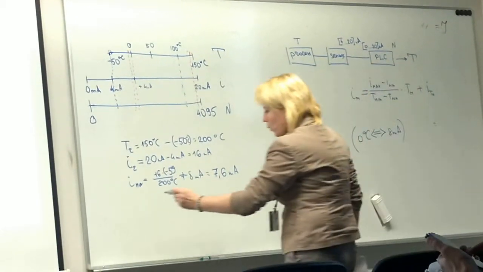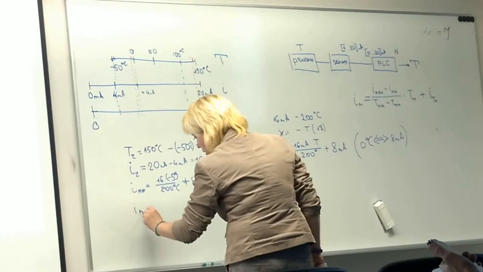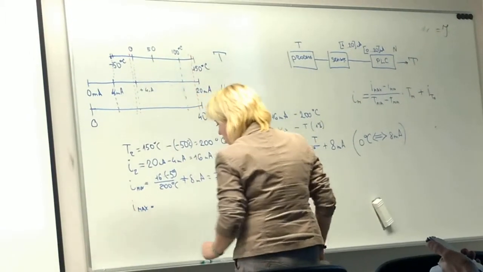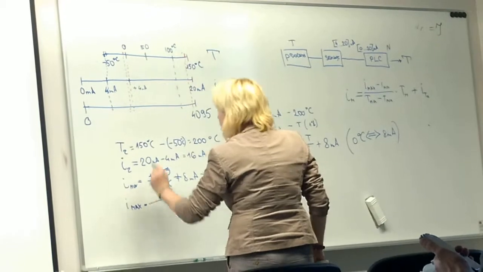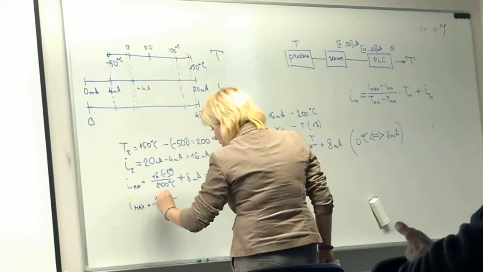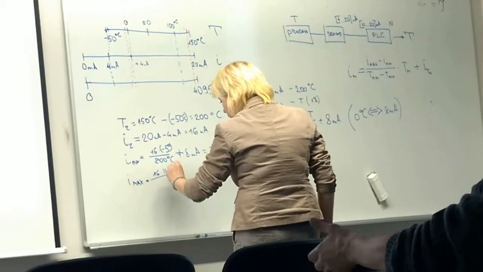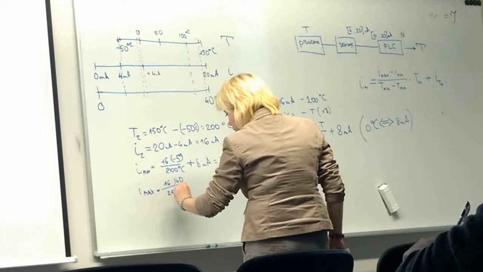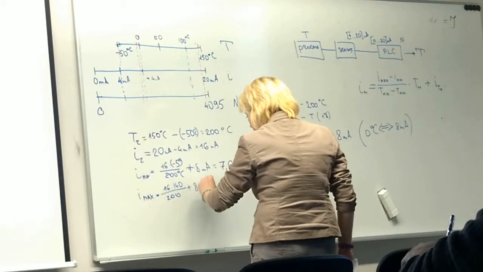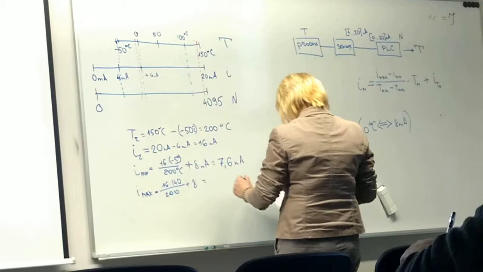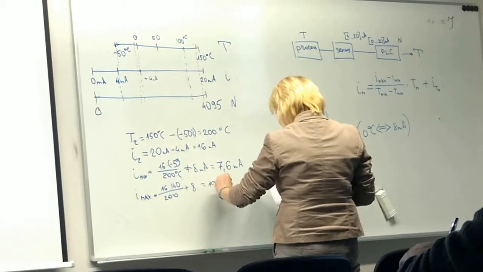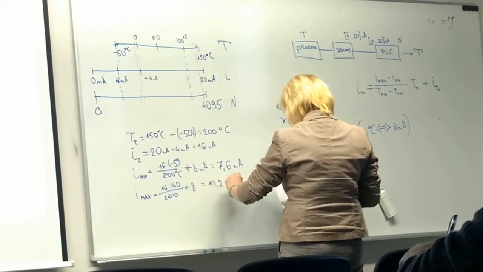Then what will be the maximal value for the current of our process? It will be 16 multiplied by 140 divided by 200 plus 8, and we will obtain 19.2 milliamperes.